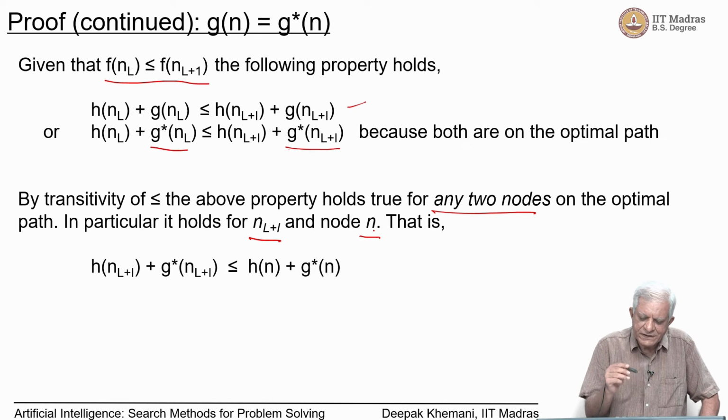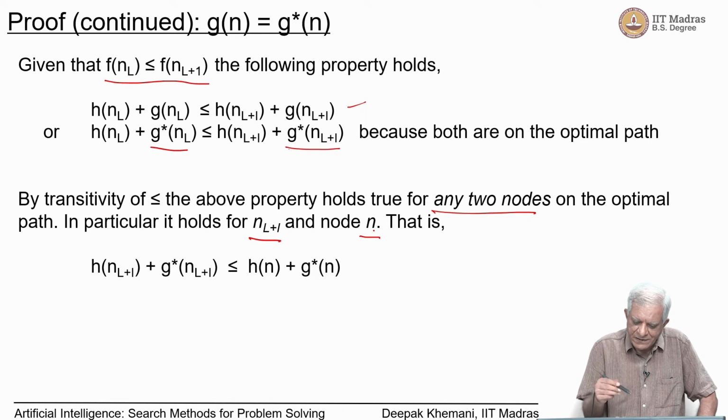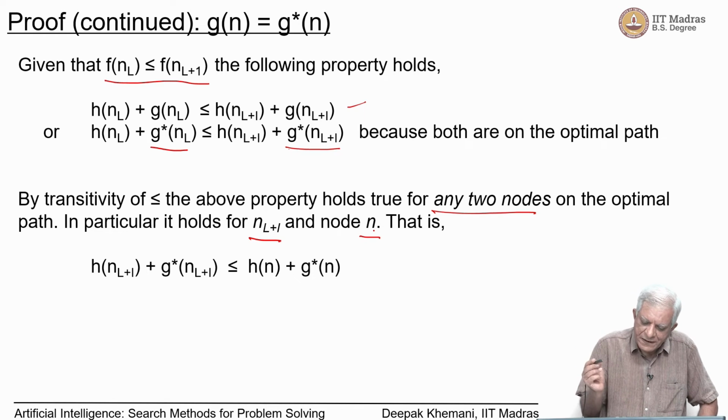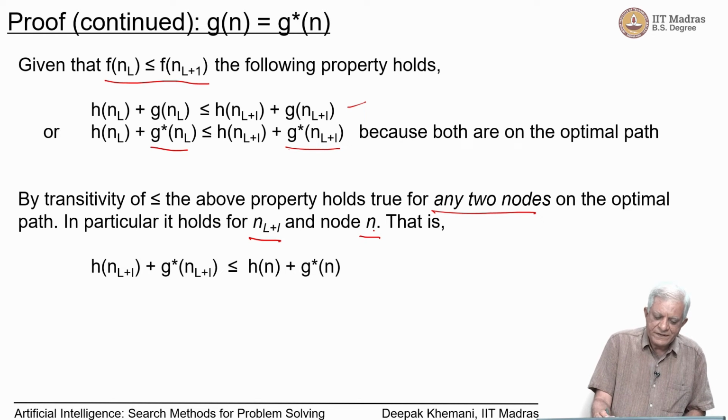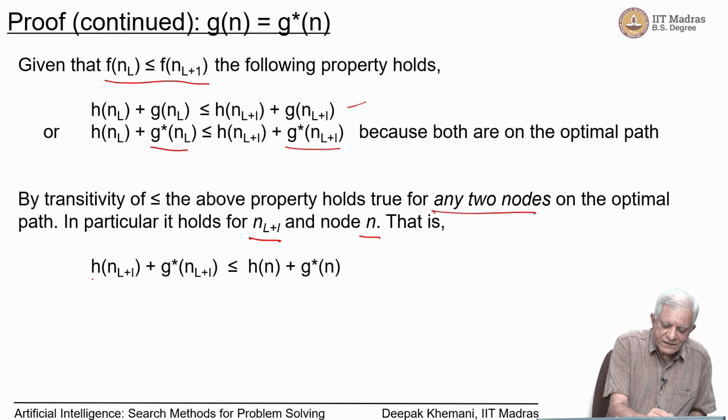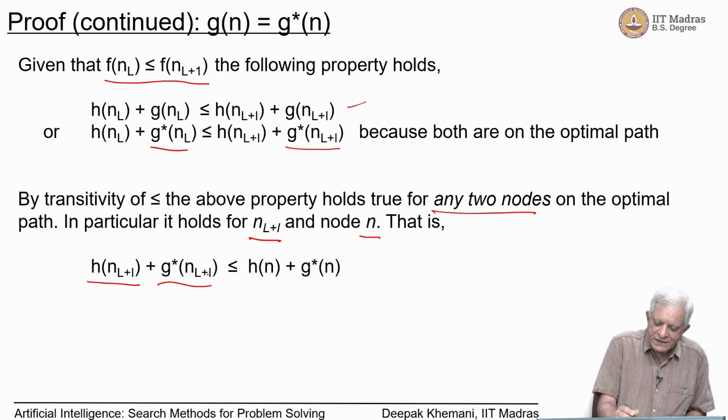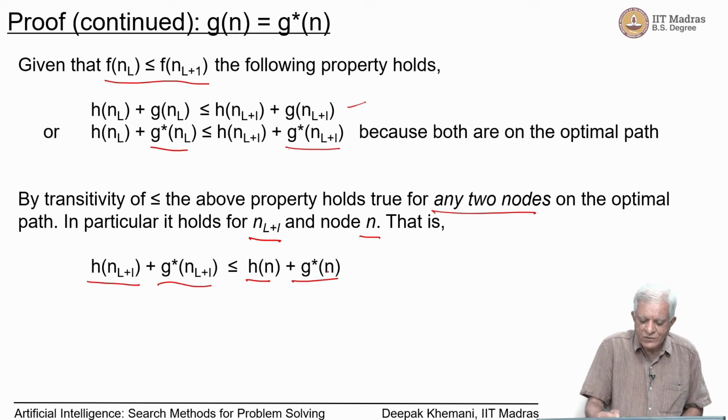We had said that n_L and n_{L+1} were on the optimal path to the node n. So, this property must hold for them, which is that the heuristic value of n_{L+1} plus the optimal path to that node is less than or equal to that of n, because n is further down towards the goal node.